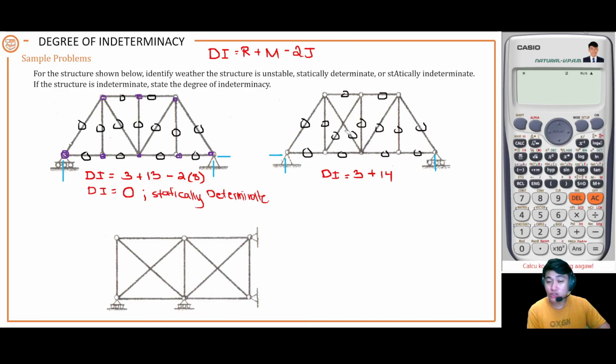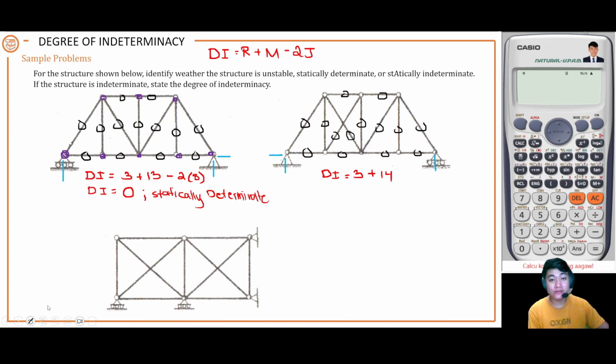You should not count this as 2 members. It should be 1 member. But if you are going to put here a hinge, you can say that this is 2 members. Again, you only have 14 members for this truss.